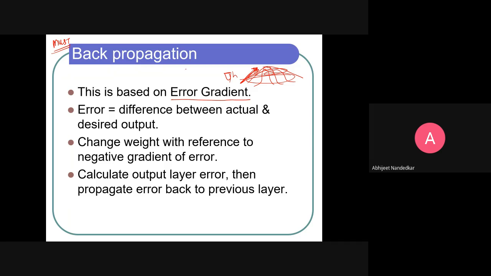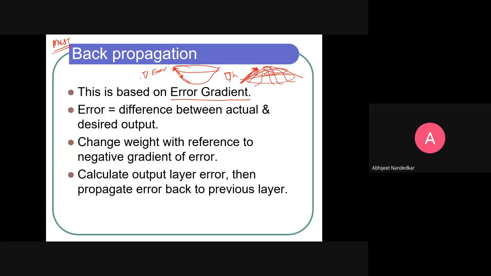Now similarly, if I take some error surface like this, and if I take the gradient of this, suppose I am standing here, then it will give me the direction in which the error is increasing rapidly.